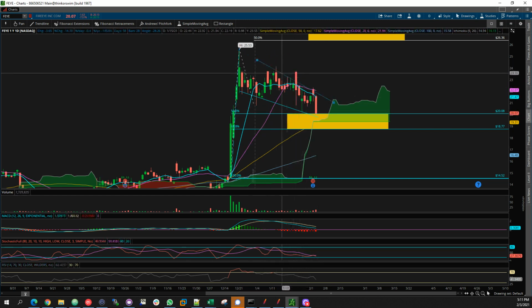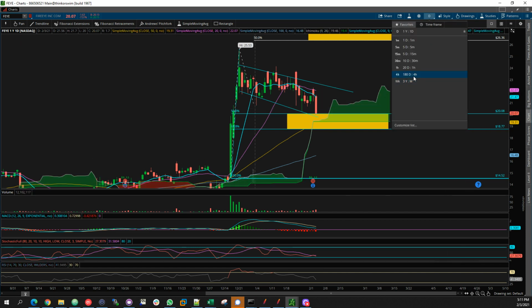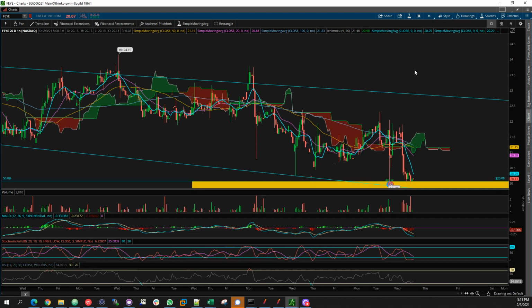Let's fix this chart a little because it looks off. I don't know what to say about this, guys. This was a struggling name for a long time. You see how perfect the fib was. Okay, I see a lot of selling today, a lot of volume on the sell side.